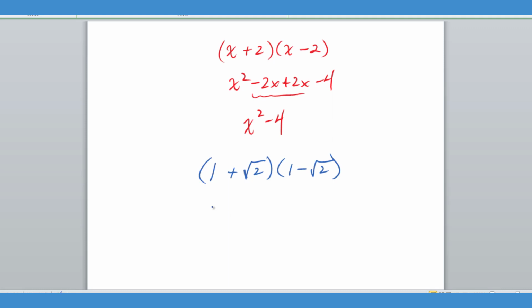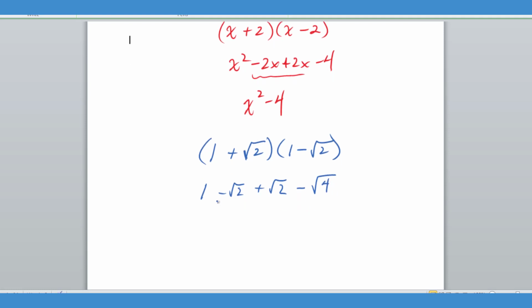When we multiplied these together, we got negative square root of 2, positive square root of 2, and then the square root of 4. Again, this middle term cancels out, leaving us 1 minus the square root of 4, which we know is 2. And then we end up with simply negative 1, and that process has eliminated the radical.